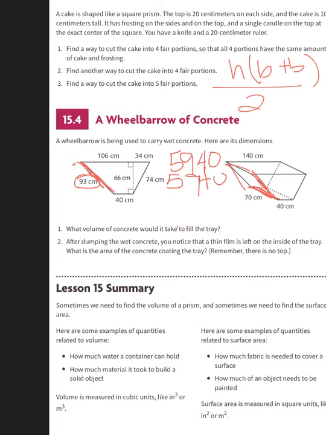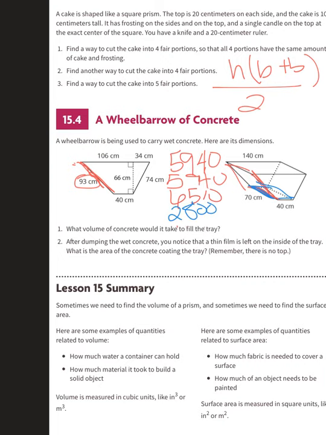So the red rectangle is 6,510. Okay, the bottom is 70 times 40. 70 times 40 is 2,800.